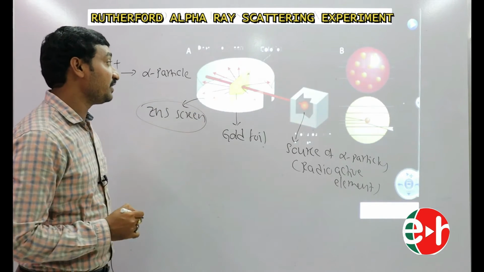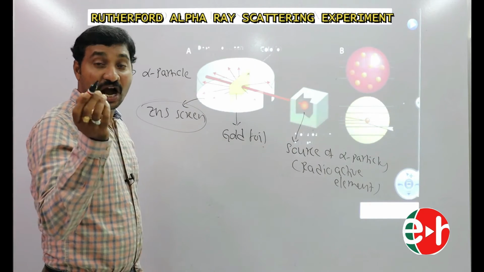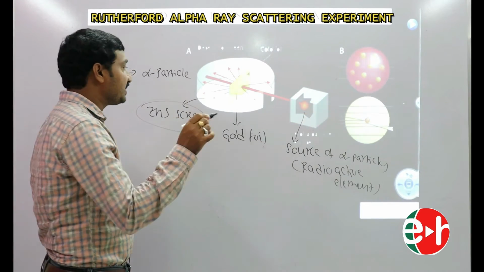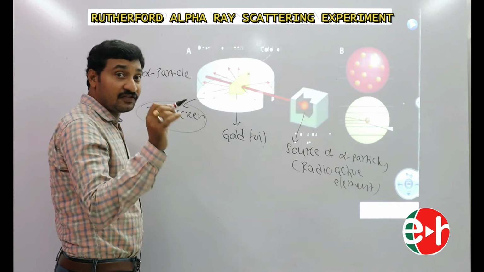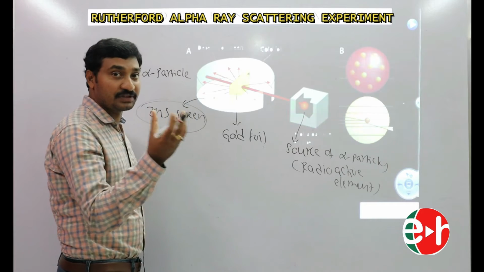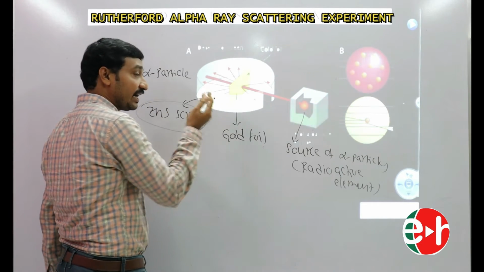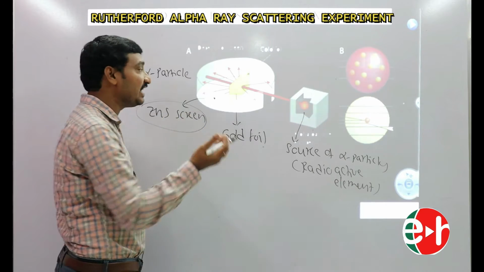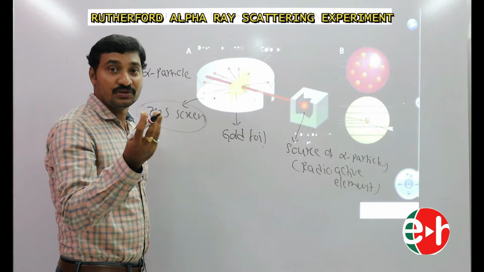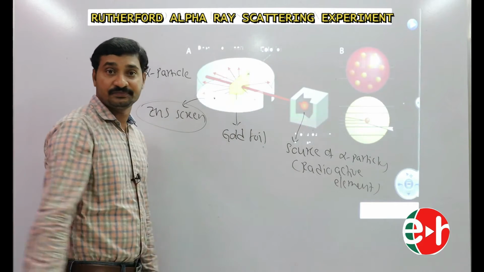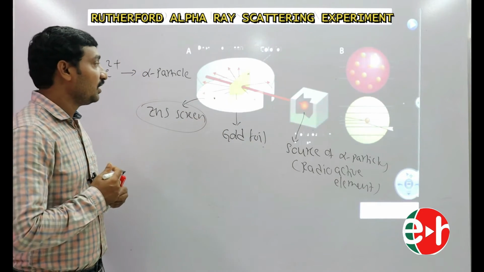Why is a zinc sulfide screen used in this experiment? Because if an alpha particle hits the zinc sulfide screen, the spot where it hits glows for some time and leaves a mark. That mark is useful for studying the pattern of alpha rays. That is the purpose of the zinc sulfide screen.